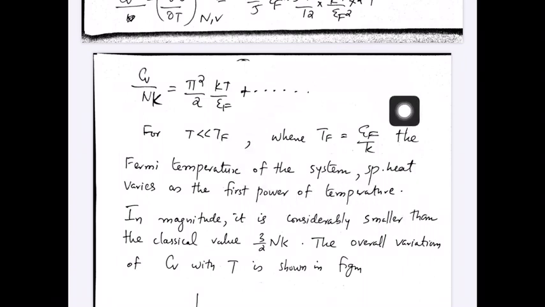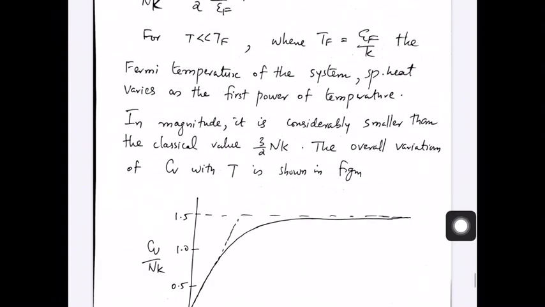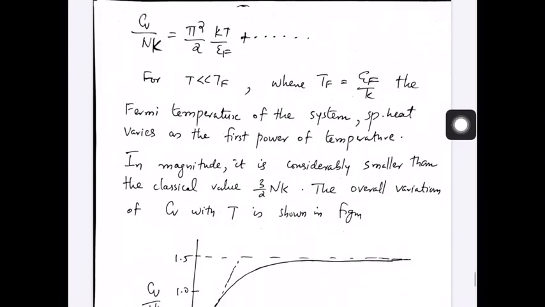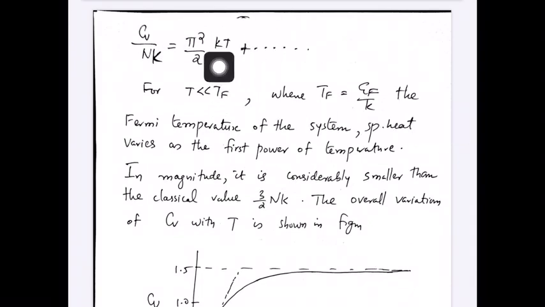For such a system, specific heat varies as the first power of the temperature, if you are approximating by the first term. Anyway, its magnitude is considerably smaller than the classical value. The classical value is 3 by 2, CV by Nk is 3 by 2.